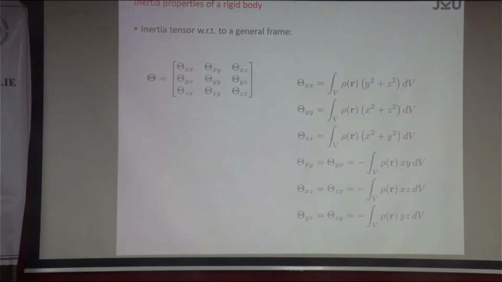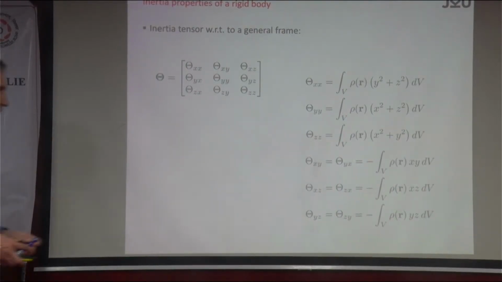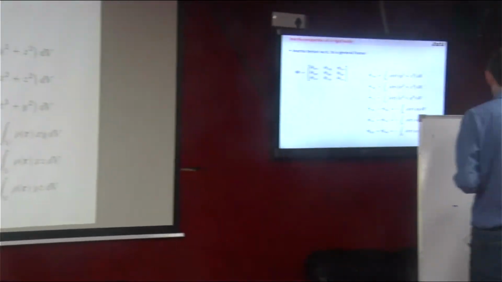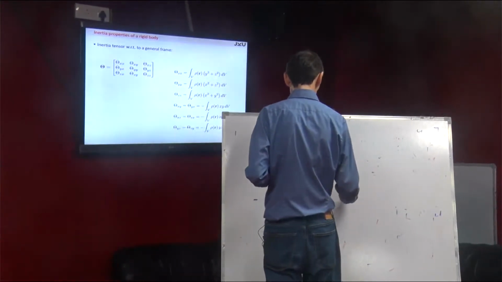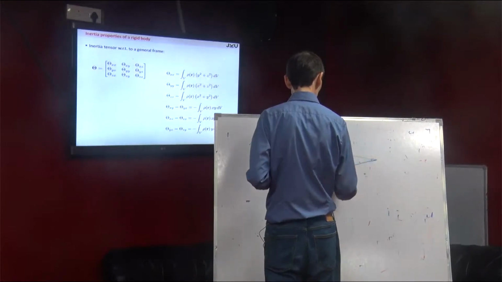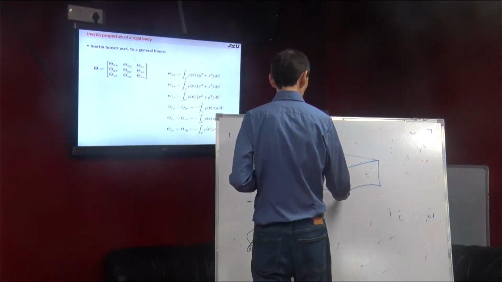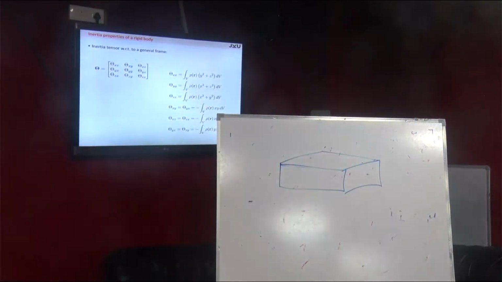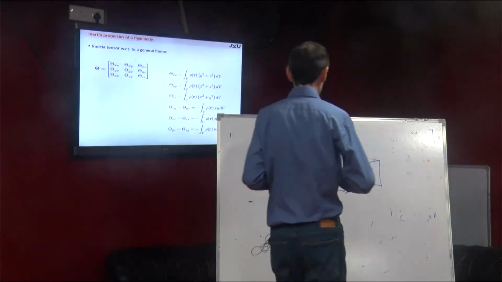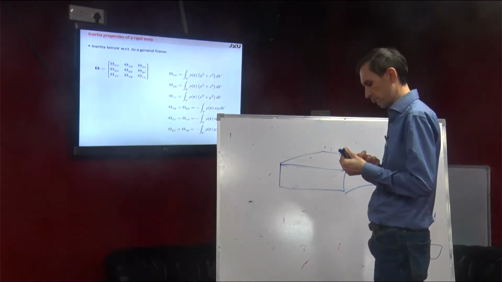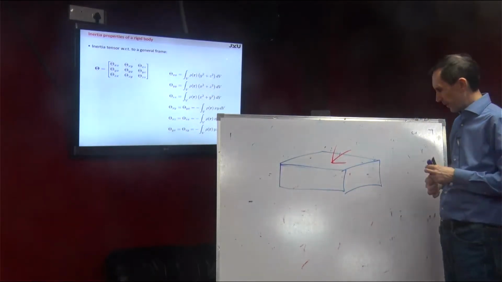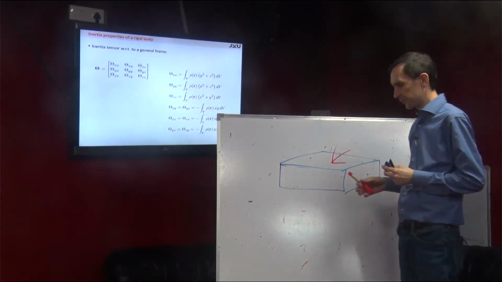So let's say you have a body, a rigid body, like this. And then you are touching a reference frame somewhere in this body. And now, what are dynamic properties of a rigid body?